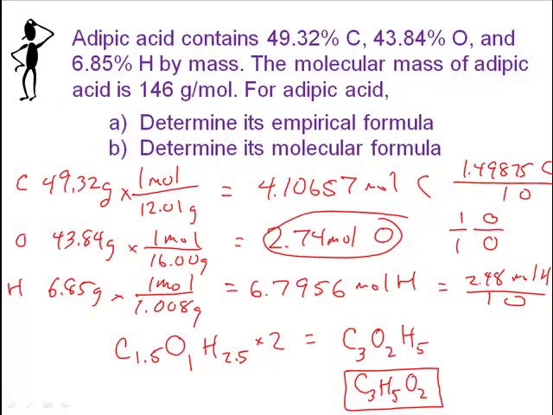Yes? How do you determine which element goes where? Usually the one to the left of the periodic table goes first. Hydrogen is a unique one because it's usually just written to the right of carbon. Although, when it's written first, it says it's an acid, but it's usually written after the carbon itself, and that has to do with its molecular bonding.